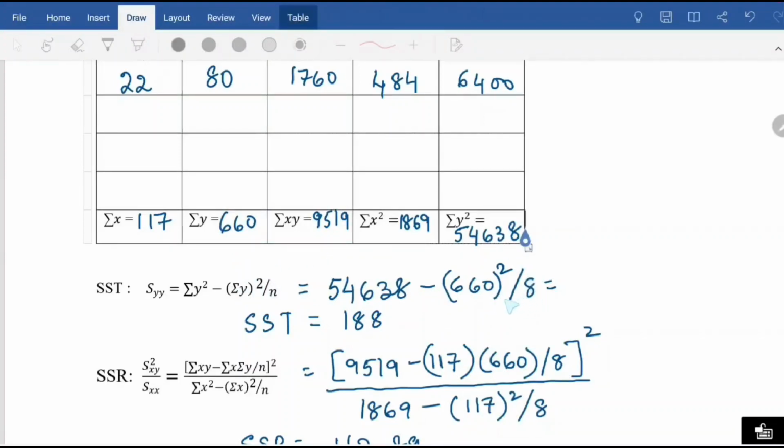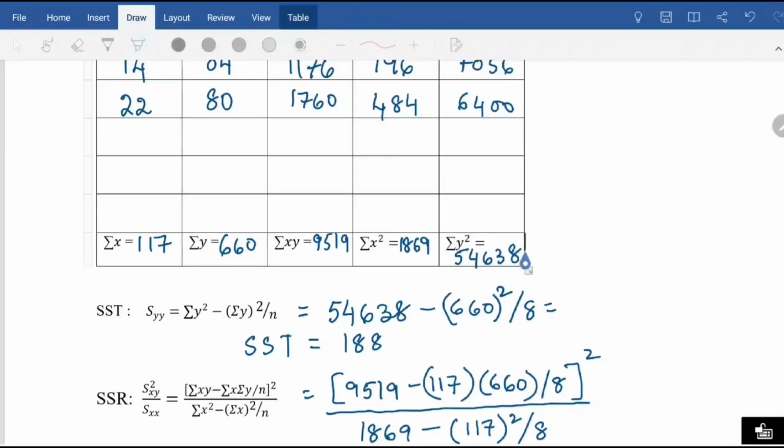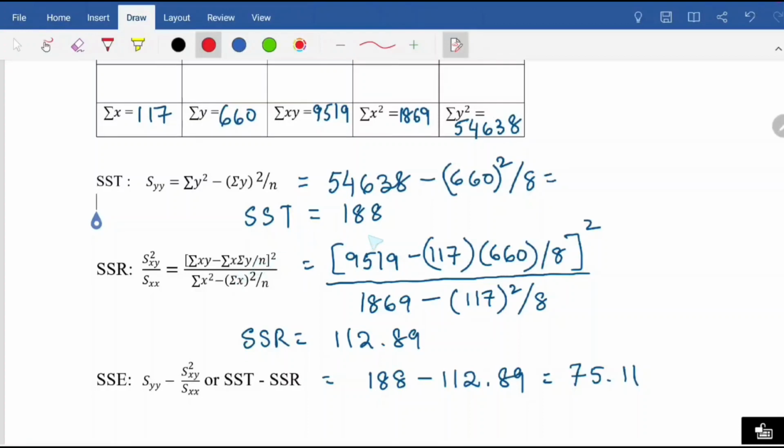All right, make sure this slash sign is division, it's not multiplication. If you wish, write it a little bit at the lower level. All right, and do the calculation. So SST after this calculation is 188.